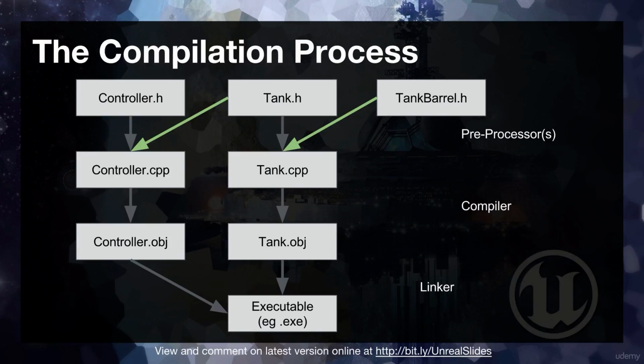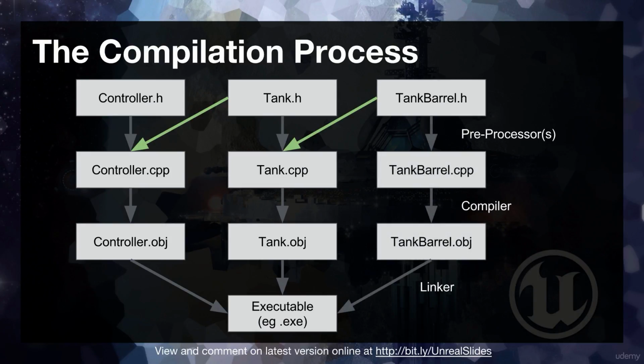So what this means is the controller object is expecting to be able to make some injections directly into the tank object because it knows about the types of all of the public members of the tank, the variables and the methods. All right, so it's expecting that to be conforming to some sort of contract. But once all the linkings happen for all the classes, that includes now on the right-hand side the barrel, then you've actually got a workable exe file.